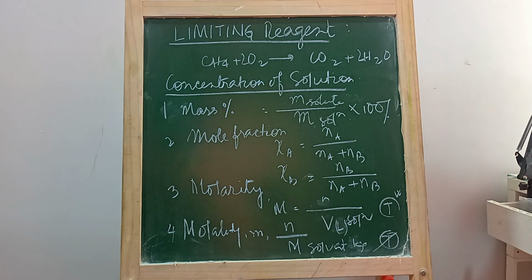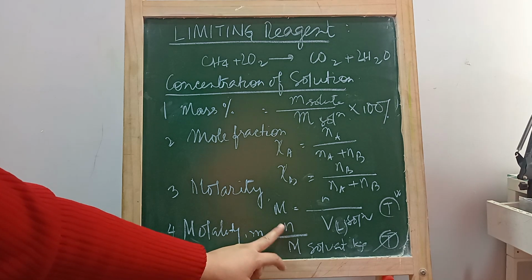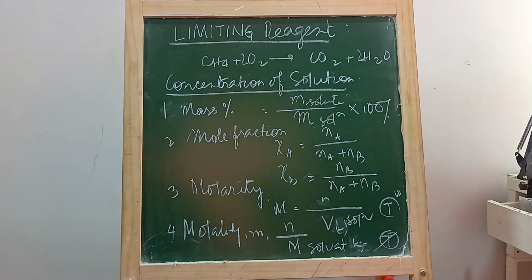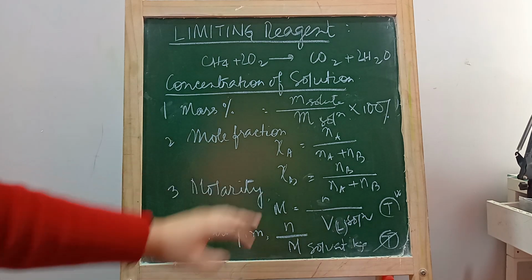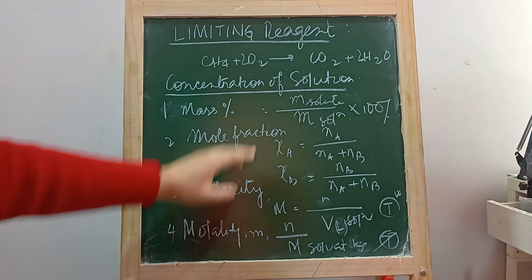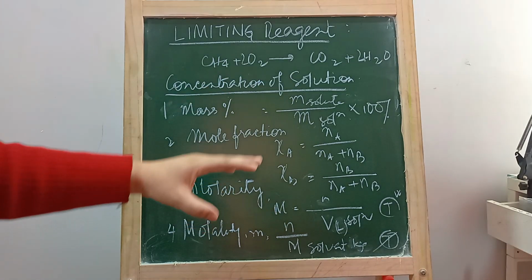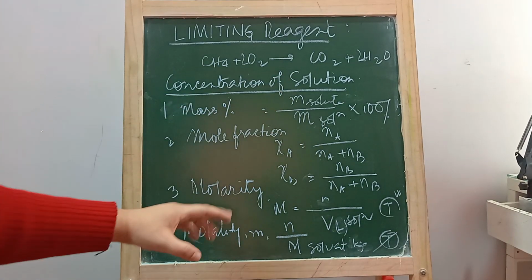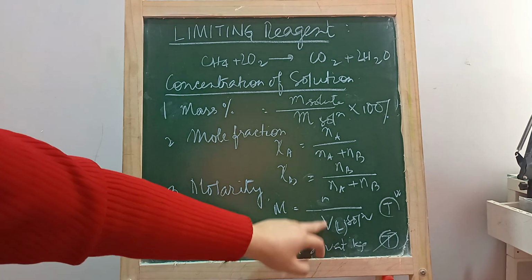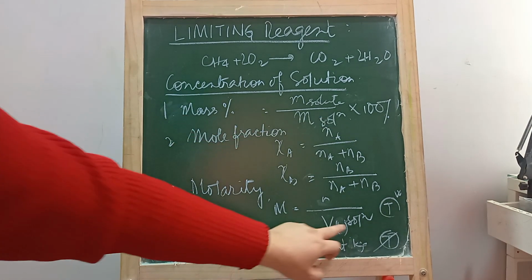And what is molality? Molality is denoted by small m, and it is the number of moles of the solid in 1 kg of solvent. It is expressed per kg of solvent. And what is special about molality? Every time we are expressing the mass percentage, or mole fraction, or molarity, we're taking the mass of the solution or the volume of the solution, right?